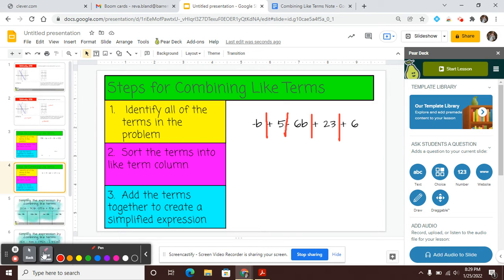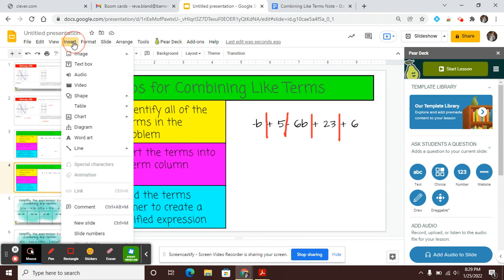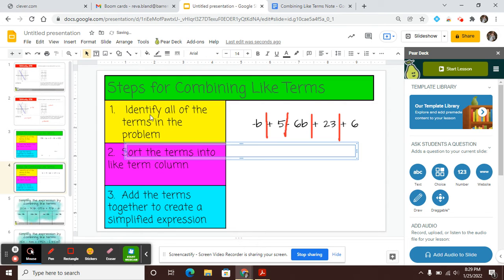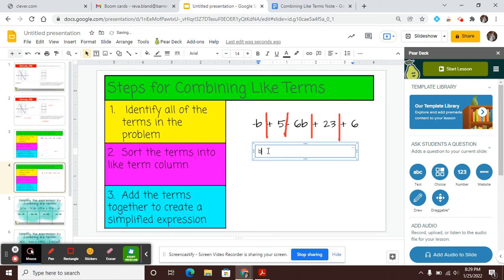This time, to make it easier, I'm going to put them into tables. My first term here is going to be b. It's -b, so it's going to be -1b. My next term is +5.